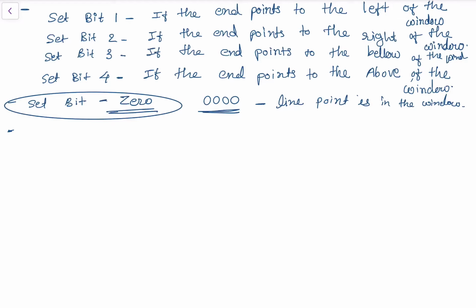Now there are some conditions. The first condition is, once we have established region codes for all the line endpoints, we can determine which lines are completely inside the clipping window and which are clearly outside.